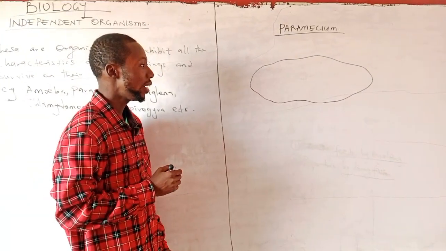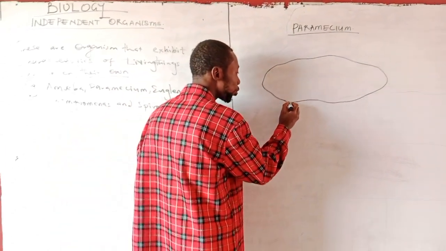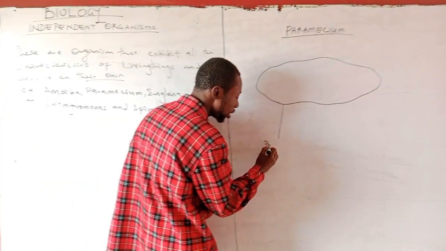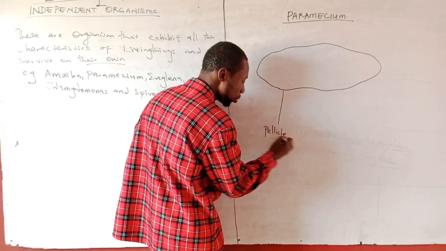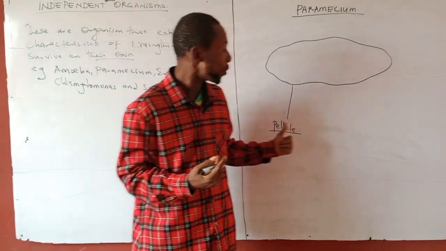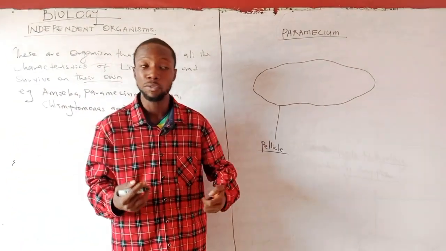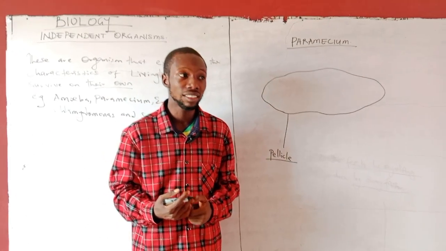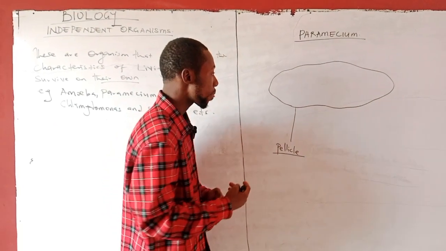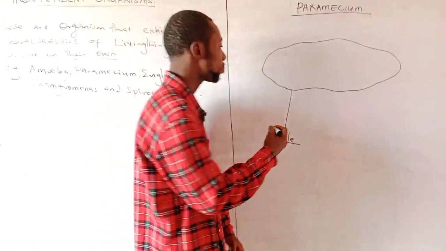What maintains this shape of Paramecium is this structure here called the pellicle. The pellicle maintains the shape of Paramecium, and this pellicle is also seen in Euglena. It is the one responsible for euglenoid movement in Euglena. It maintains the shape of the Paramecium.